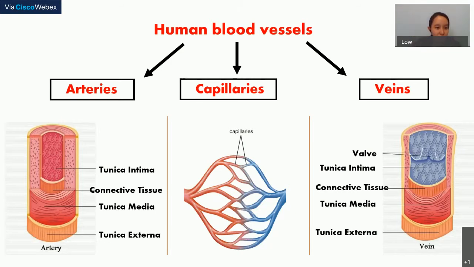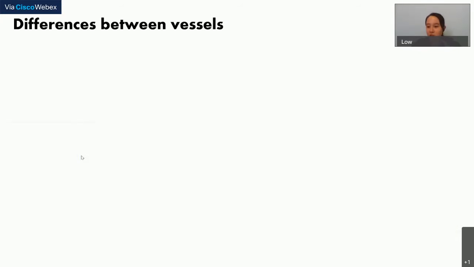From the picture, you can see the wall of the artery is basically thicker than the vein. The vein is thinner, right? Another thing is that the veins have valves. Can you see the picture? Valve. But arteries don't have valves. So, the difference between vessels.